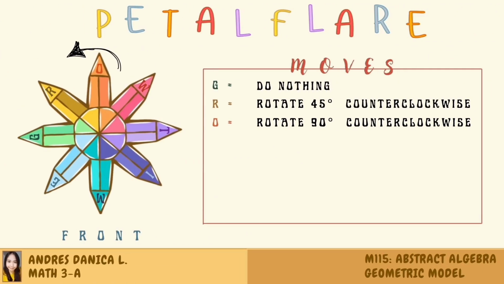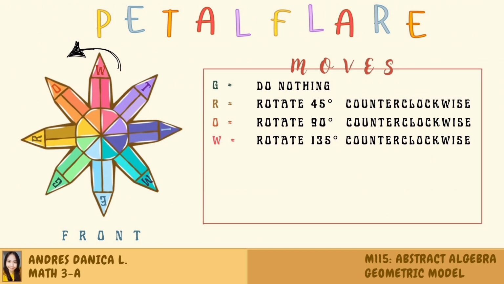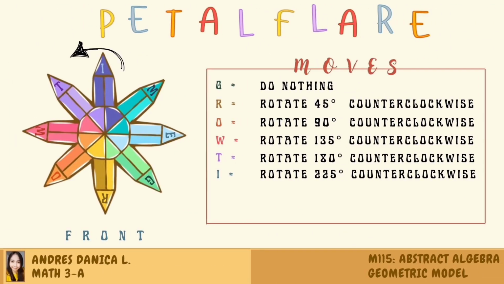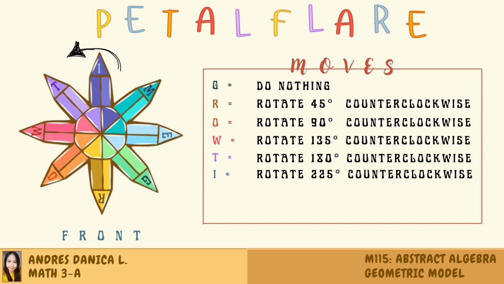For element O, rotate 90 degrees counterclockwise. For element W, rotate 135 degrees counterclockwise. For element T, rotate 180 degrees counterclockwise. For element I, rotate 225 degrees counterclockwise.